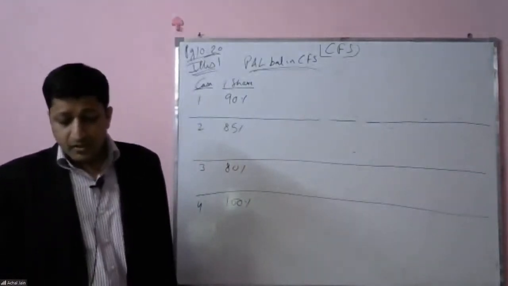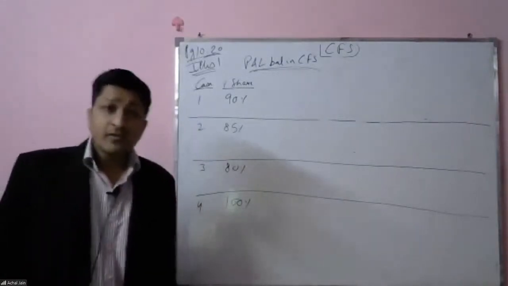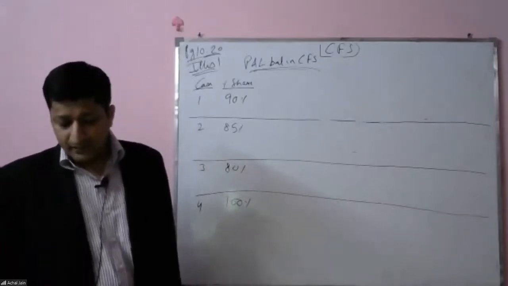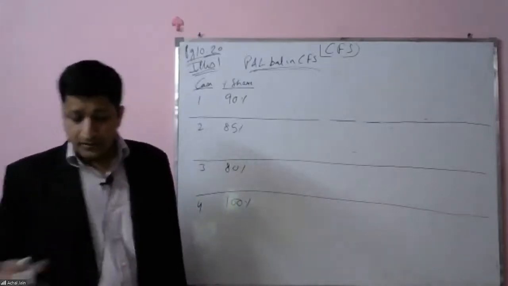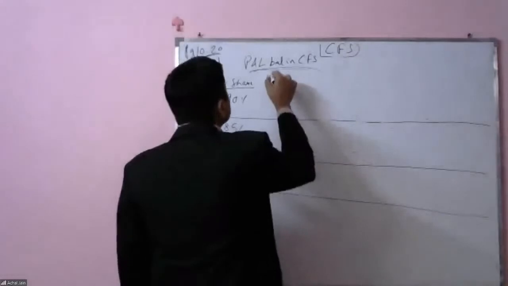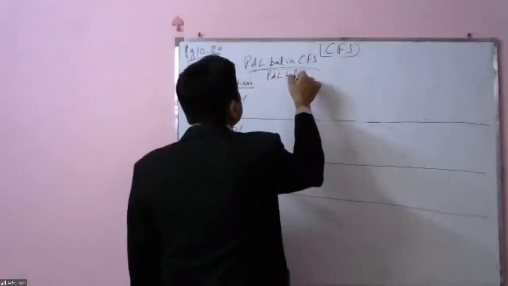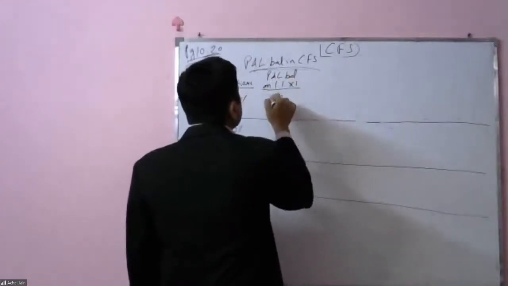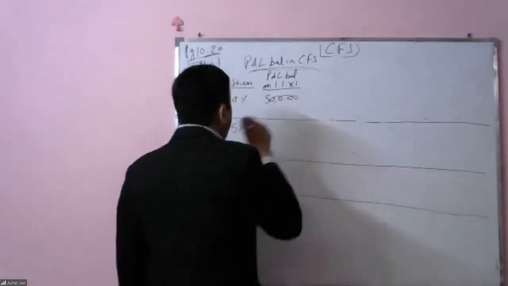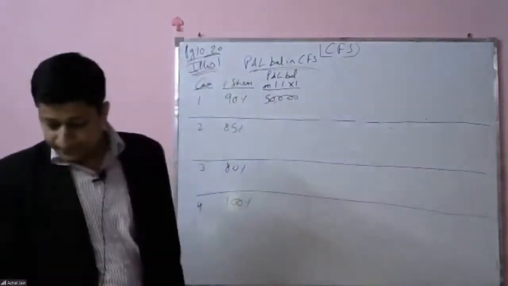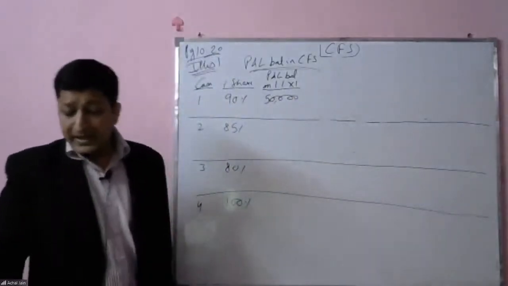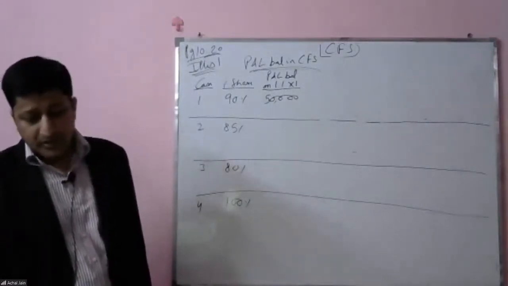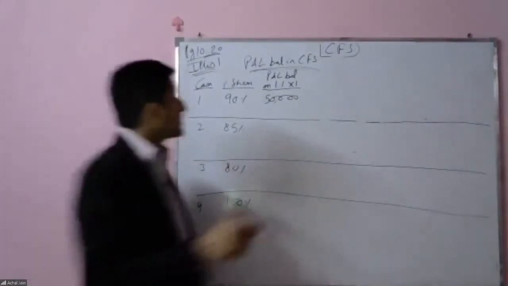Percentage shareholding. So now, on 1st of January X1, what's the balance of P&L? It's 50,000. Correct? And P&L balance on the date of consolidation is 70,000.